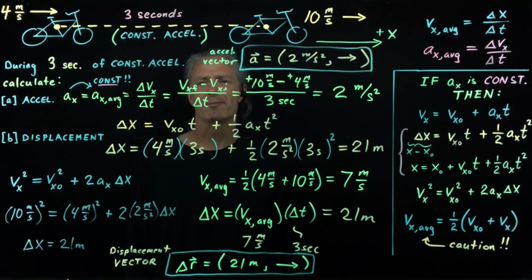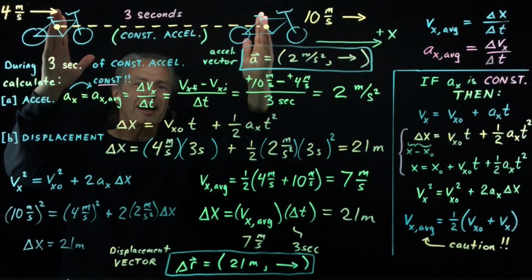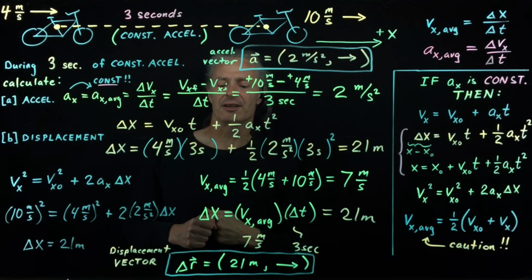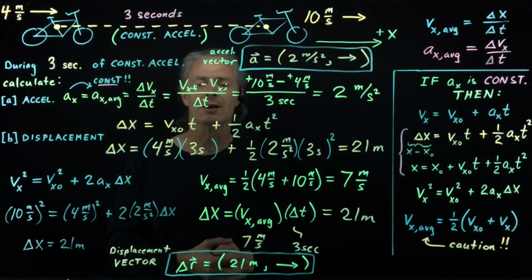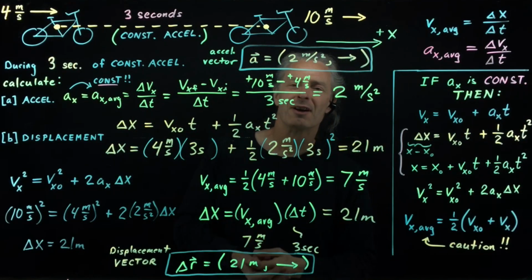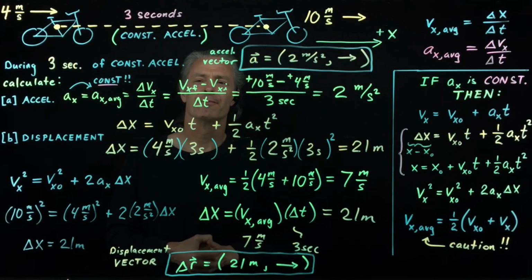Likewise, if we had chosen the positive x direction to be to the left, then displacements to the right would be displacements in the negative x direction. So a displacement vector of 21 meters to the right would correspond to a delta x of negative 21 meters rather than positive 21 meters.